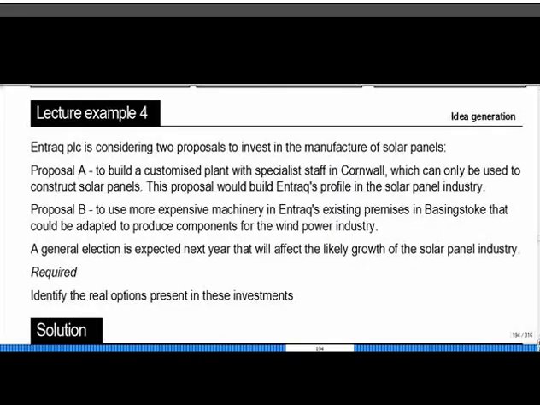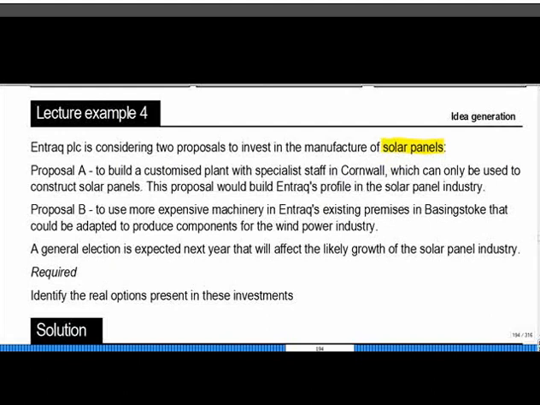In example 4, we have to identify the real options present in two investments. Both investments are linked to the manufacture of solar panels, and the first one involves building a customised plant with specialist staff. This plant can only be used to construct solar panels, so there's no option to abandon there.